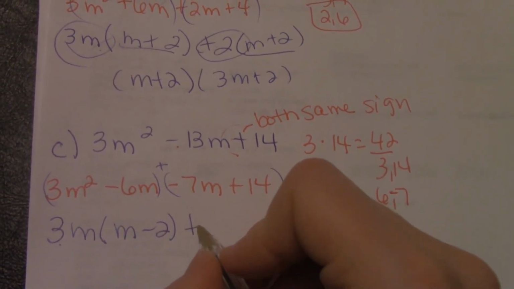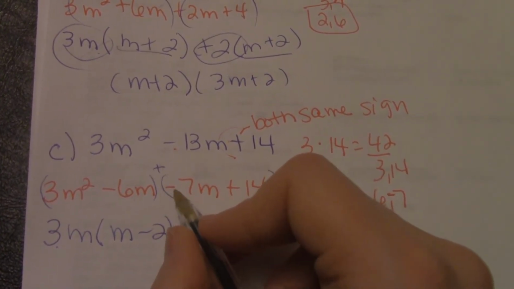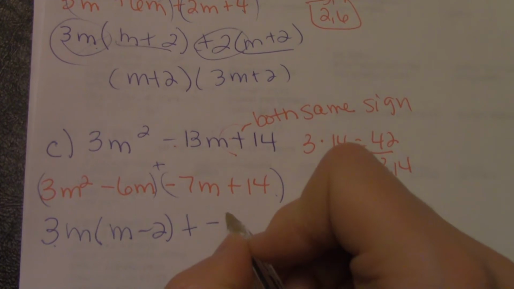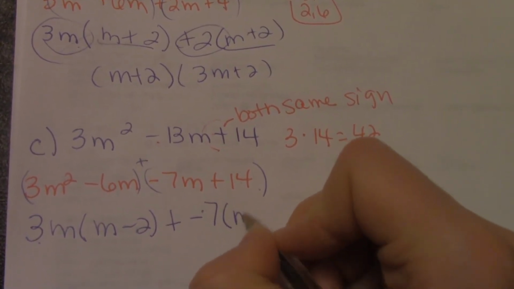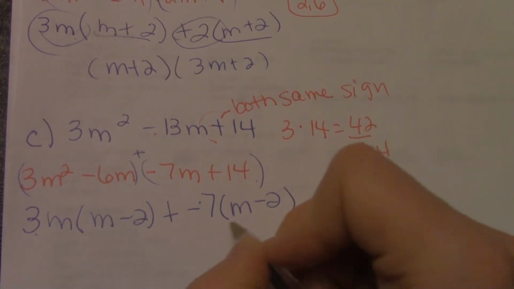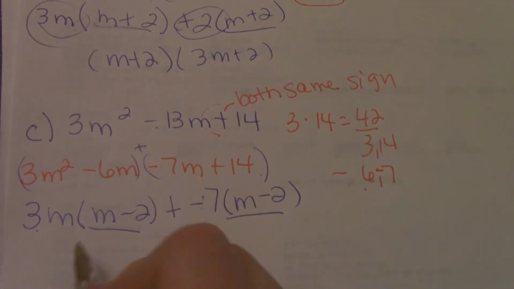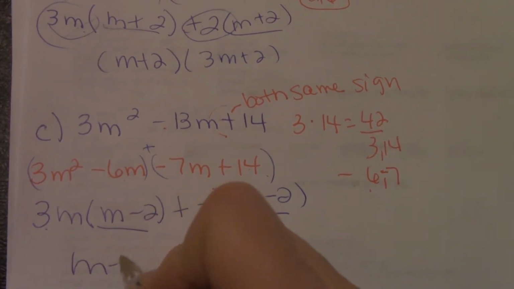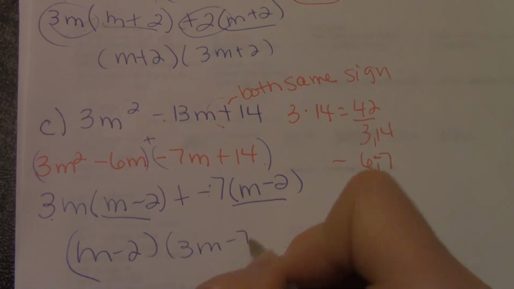Now plus 7m plus 14. Now if there's a negative up here, I almost always want to take it out. So negative, we're going to take out a 7. So that makes it a positive m, and then a minus 2. So now they match. If we wouldn't have taken out that negative, these wouldn't have matched yet. So m minus 2 and 3m minus 7.